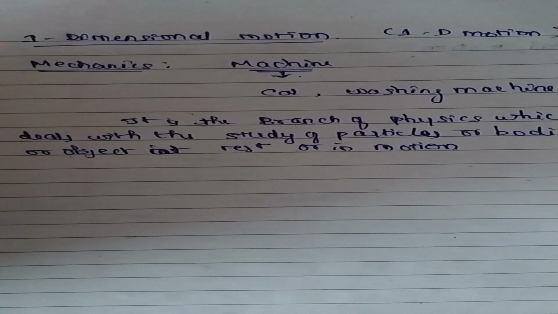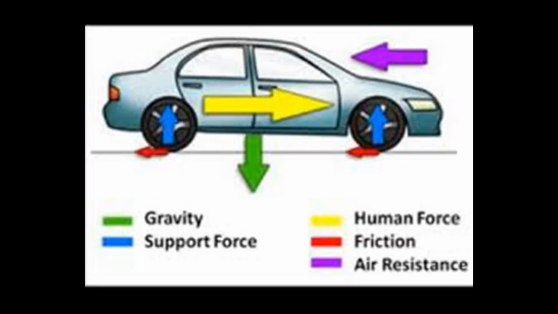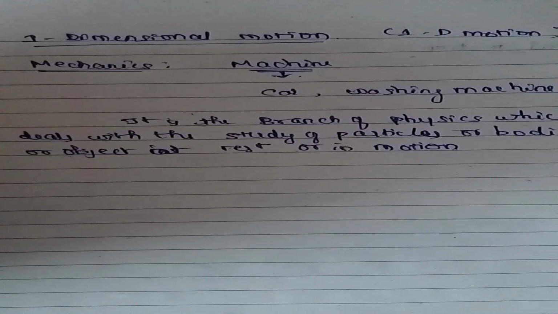What is the cause? Usually when we need to move some object from one place to another, we have to apply force on it. Therefore force is the cause of motion. How the force acts on the body, we can also study under the branch of mechanics.